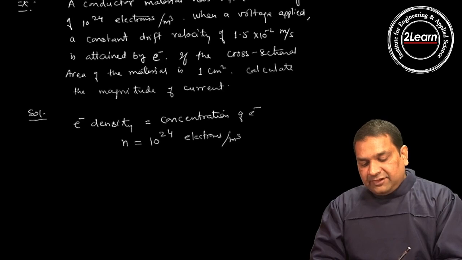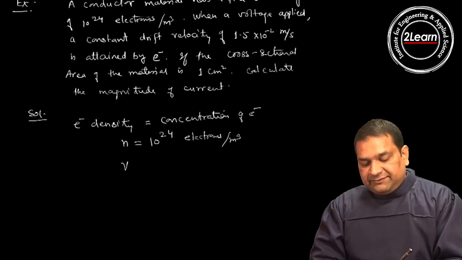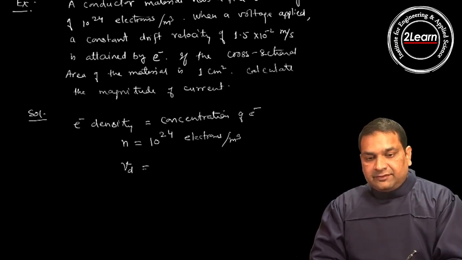So the drift velocity Vd is 1.5 into 10 raised to power minus 2 meter per second.